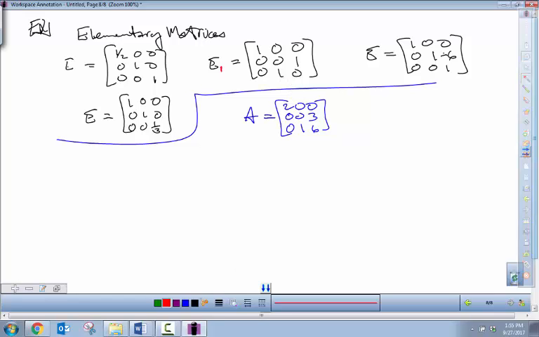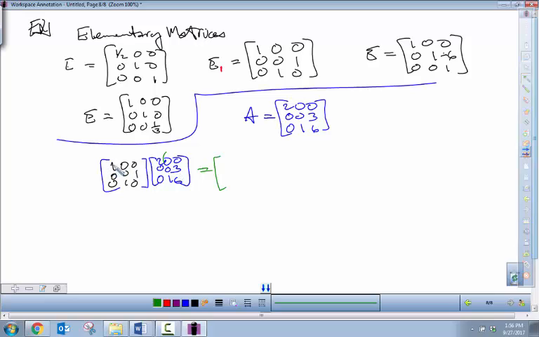So if you take your matrix A and you multiply that by E1, what you're going to get, amazingly enough, is your matrix A with the elementary row operation applied.